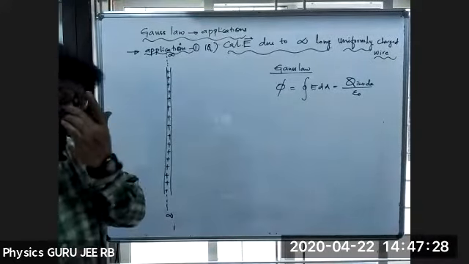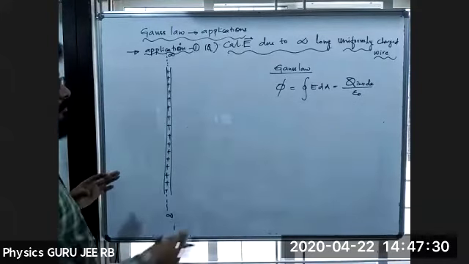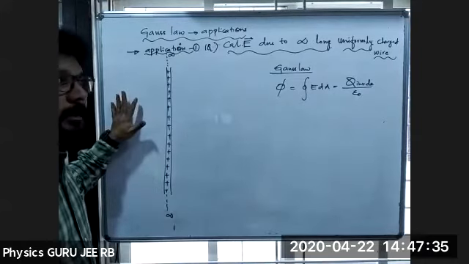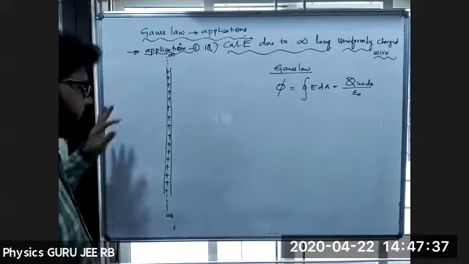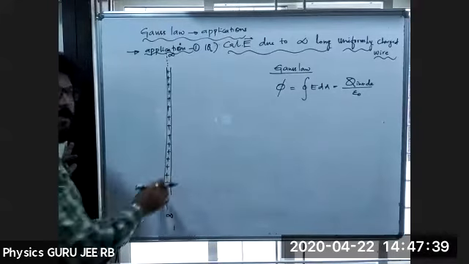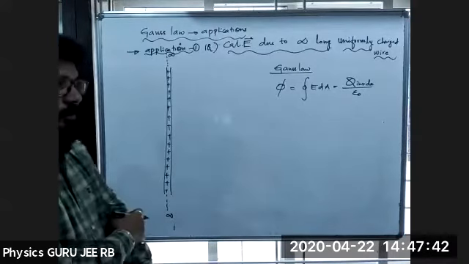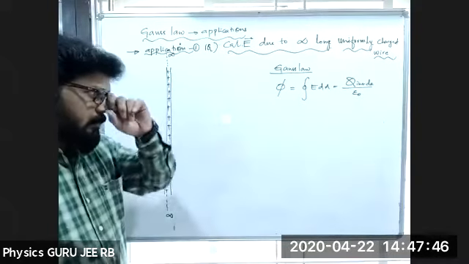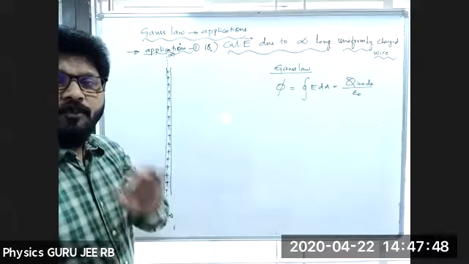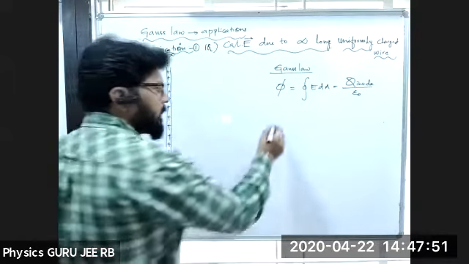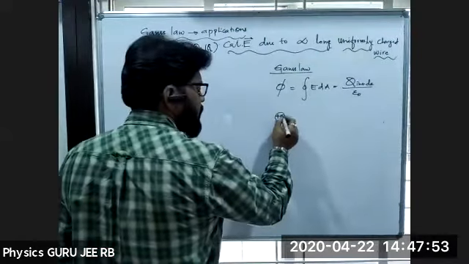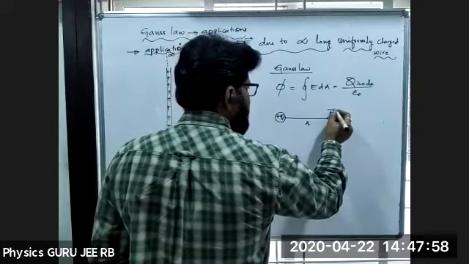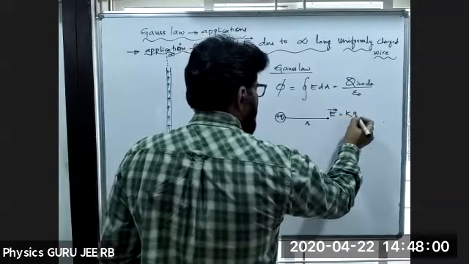Now see it. We have to calculate the electric field due to an infinitely long uniformly charged wire, to calculate the electric field intensity. See, the electric field intensity due to a point charge: if I take one positive charge at a distance r, the electric field intensity at this point is kq by r square.